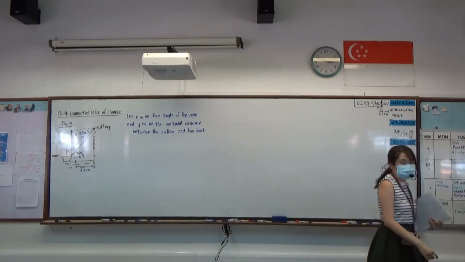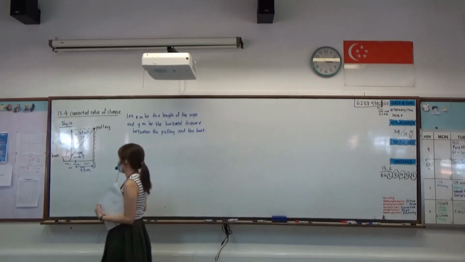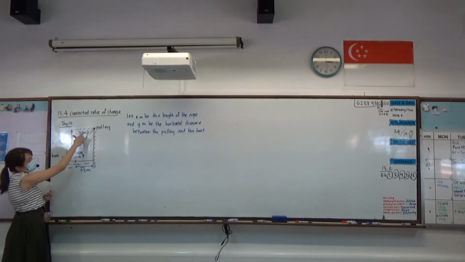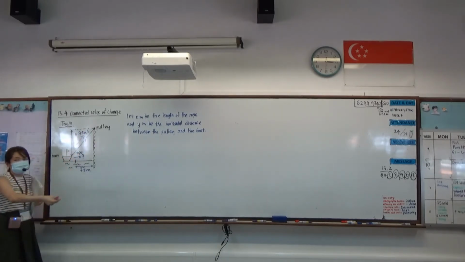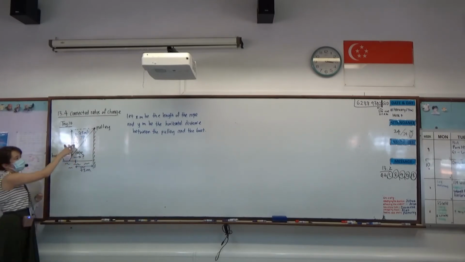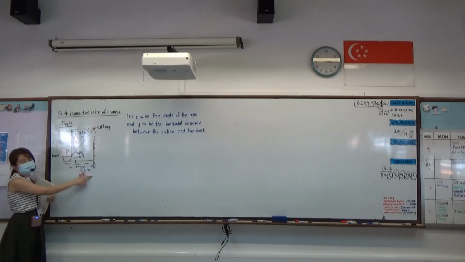So I define these variables in this manner because the question gave us the speed at which the rope is being shortened, which is in this direction, right? So we need something that is d something over dt. And then we are also given this distance over here.